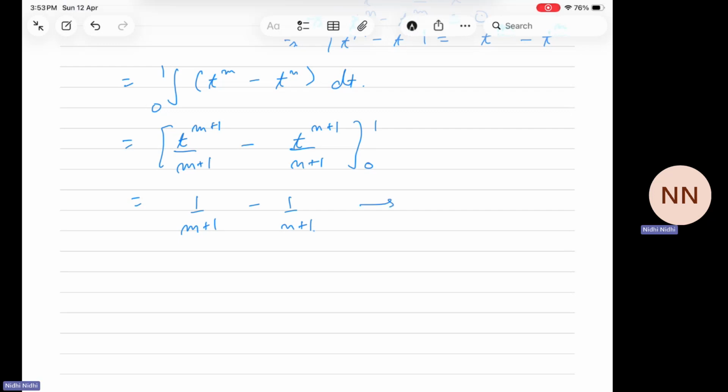We all know that this goes to 0 as both n and m go to infinity.